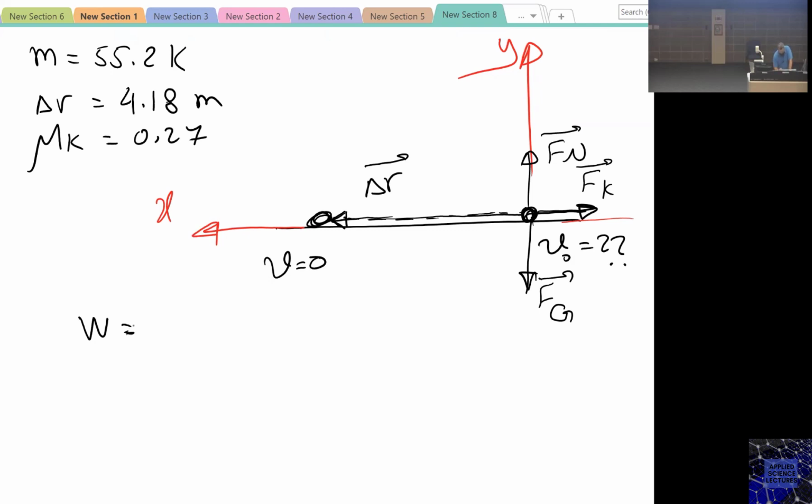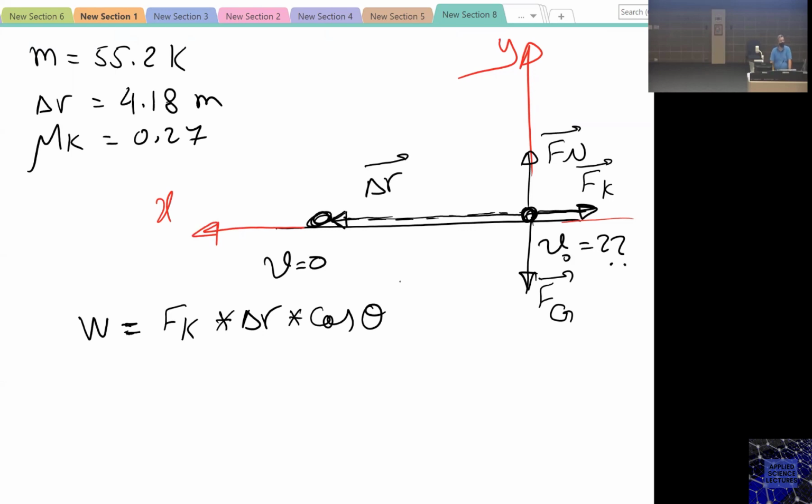Now I need the work. The work of the kinetic frictional force: W equals Fk times delta R times cosine theta.